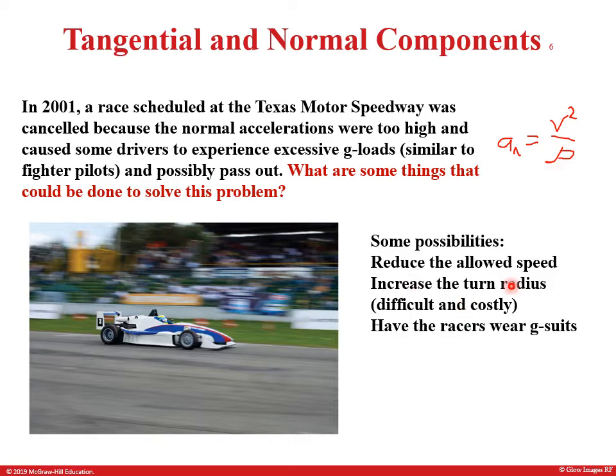So increasing the turn radius, and that's kind of intuitive as well, but just so we see it in the equation, increasing the turn radius would certainly decrease the normal component of acceleration. And then the third solution they provide is to have racers wear G-suits. I don't know what that is, but I guess that would probably help too. Maybe it's like an astronaut suit or something.